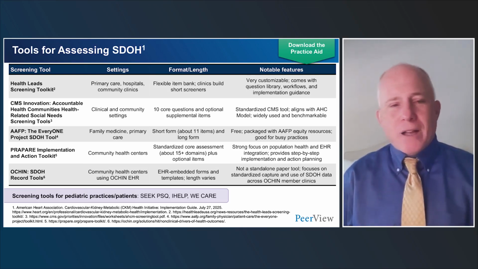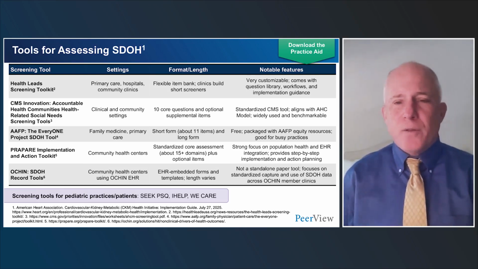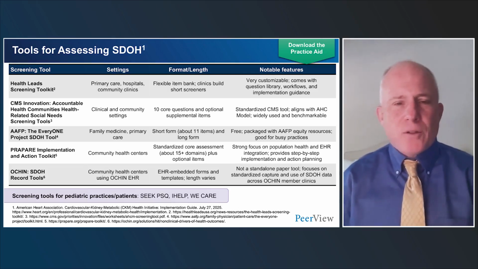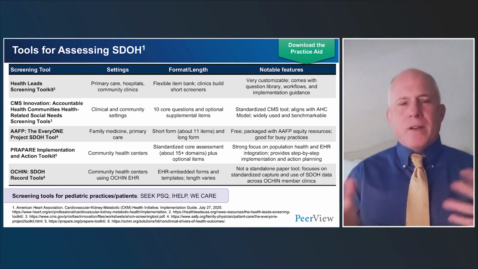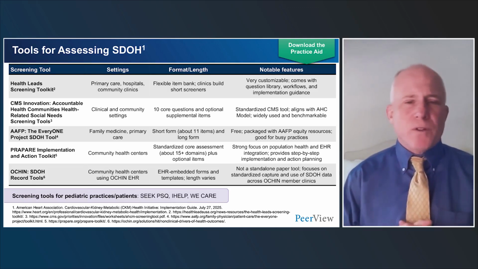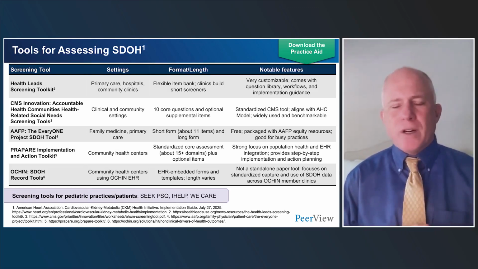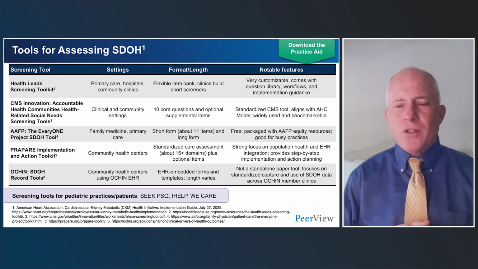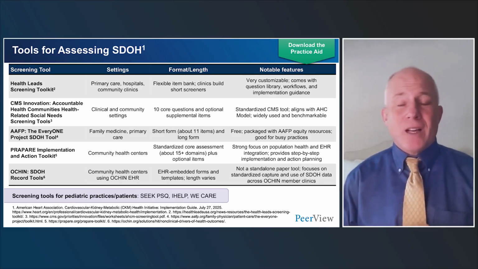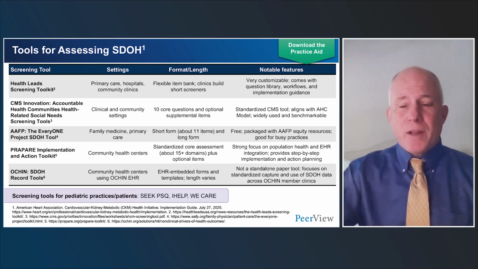The one I would highlight is the AAFP one is free and open to anyone. There's no cost to it, but it is a little bit shorter. And so you can decide what's going to be the right match for your practice. But even taking just a minute once a year and doing one of these tools for your patients really can give you great insight to what are the resources and challenges they might be experiencing.